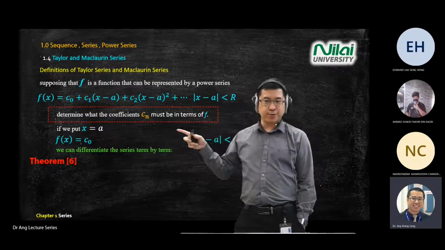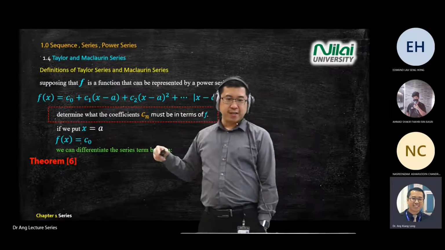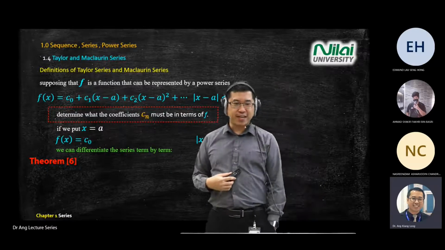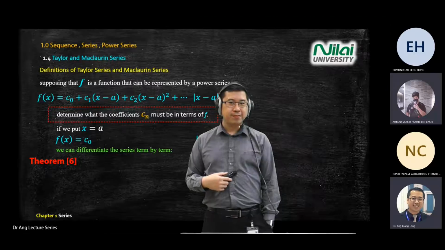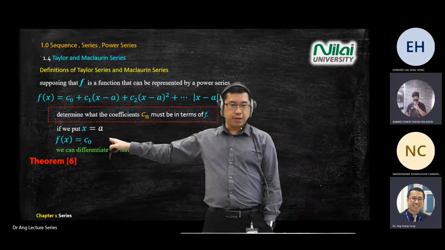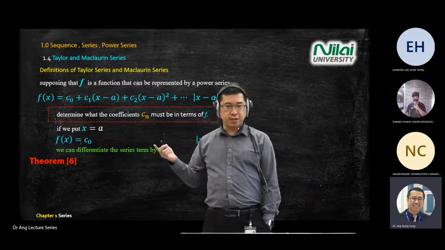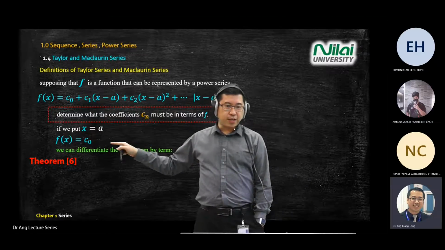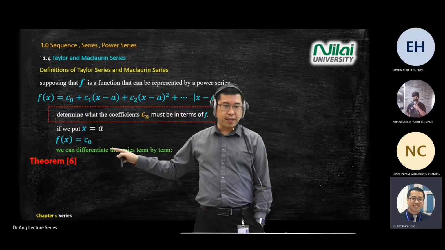Shakir, just now I asked you a question before we break. If y equals 2, you take dy/dx, what do you get? 0, sir. 0. So C sub 0 is a constant number, and if you differentiate it one time, you get 0.